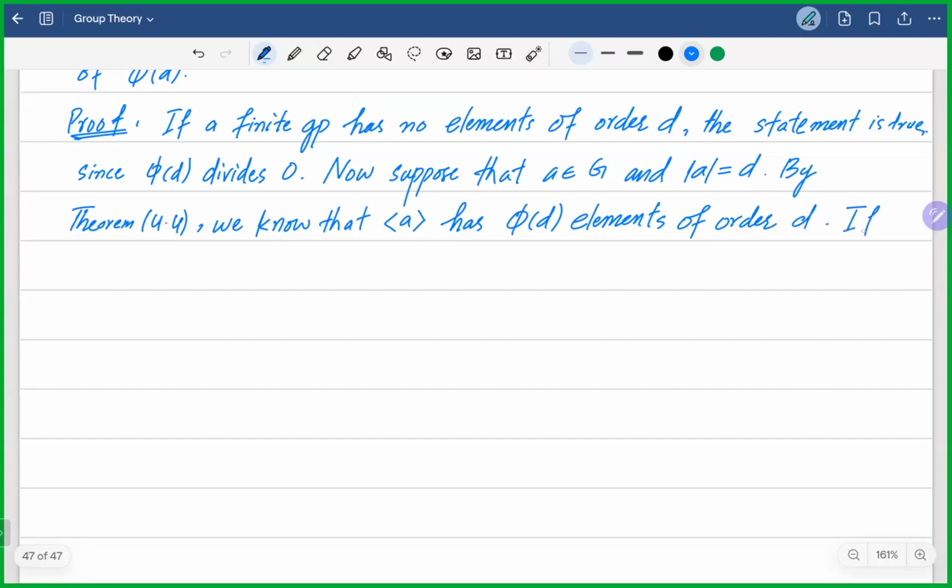If all the elements of order d in G are in the set generated by a, we are done.